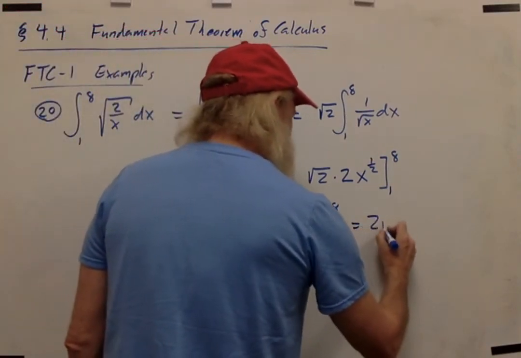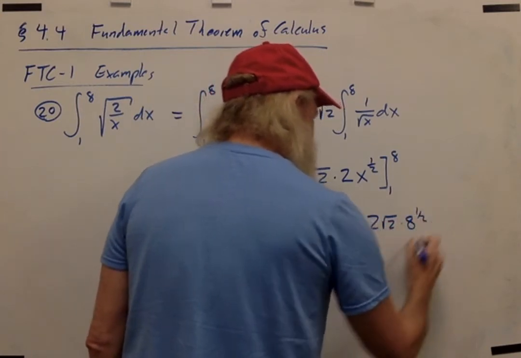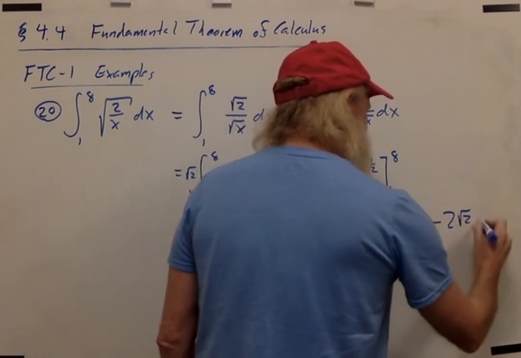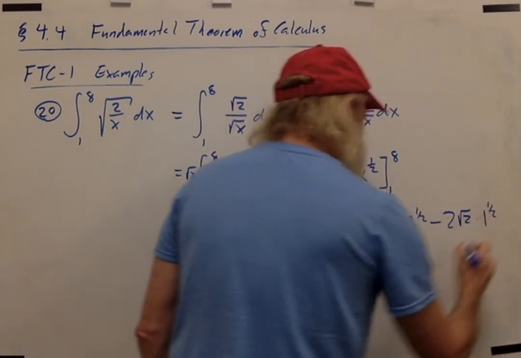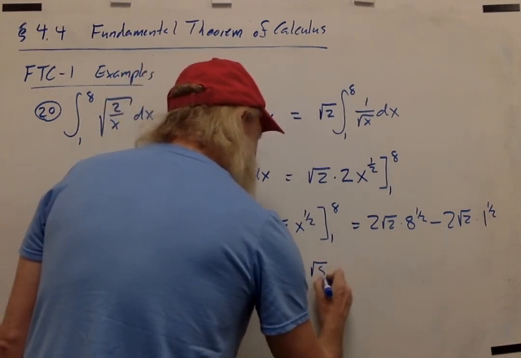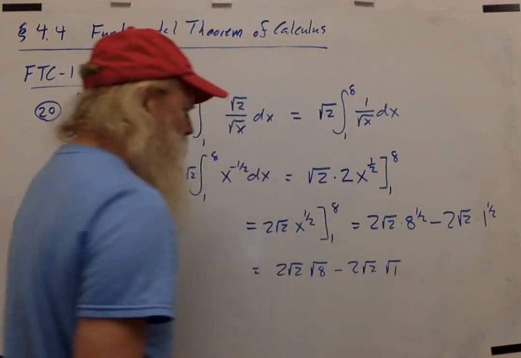So first I have 2 square root of 2 times 8 to the 1/2 minus 2 square root of 2 times 1 to the 1/2. So that's 2 square root of 2 times the square root of 8 minus 2 square root of 2 times the square root of 1.